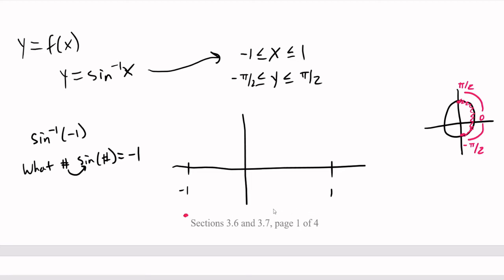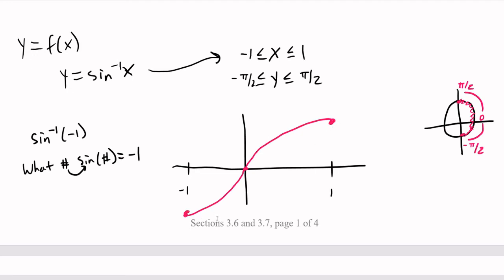Okay, and now we start thinking, all right, just do a simple one. 0. What's sine inverse of 0 going to be? Well, what do I have to plug into sine to get 0? Oh, 0. So I'm going to hit here. And then we go up to 1. That's pi over 2, and you end up getting a function that looks something like this, approximately.